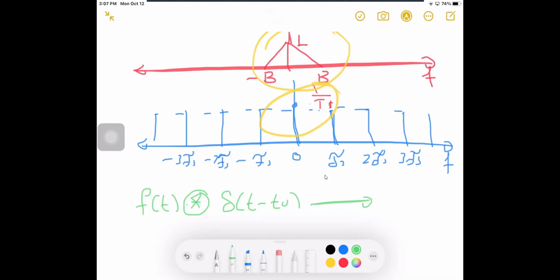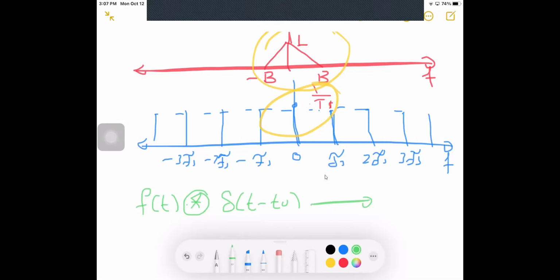This is a property of the delta function. If a delta function is convolved with a function, what will be the result? Anyone try to answer this question?